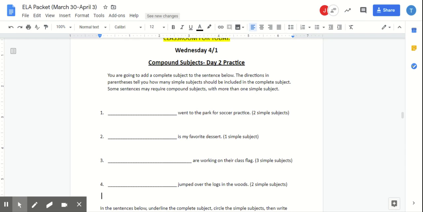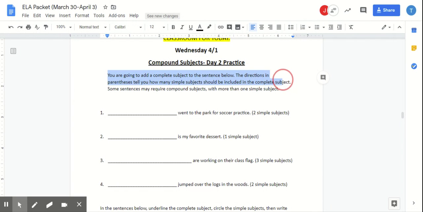But moving on, we are going to be working again on compound subjects versus simple subjects. So, of course, what is a simple subject? Exactly. That is technically the noun or what the sentence is about. So as you're working through these, you are going to be filling in. As the directions say, you are going to add a complete subject to the sentence below.